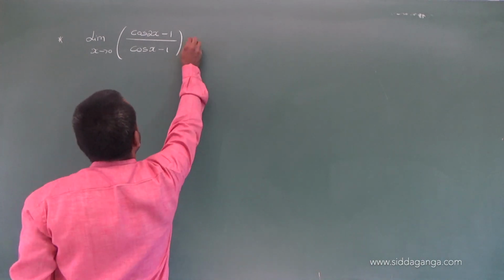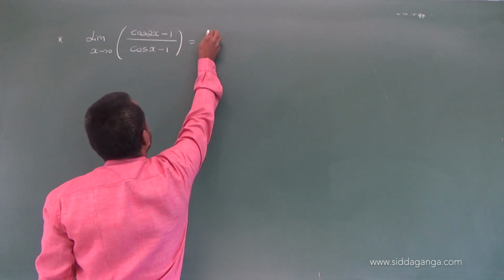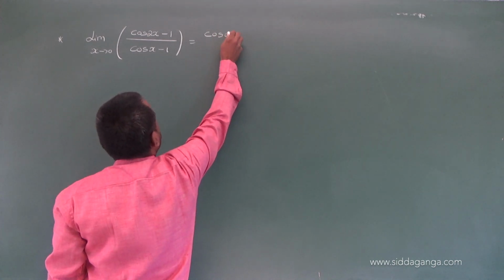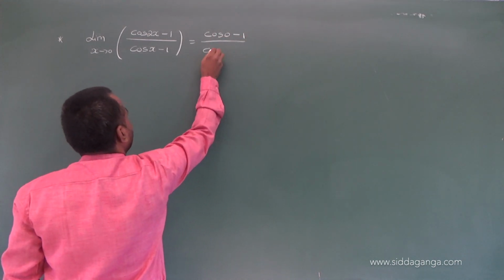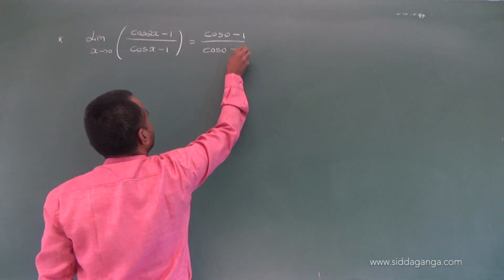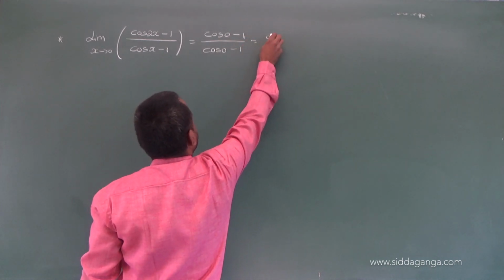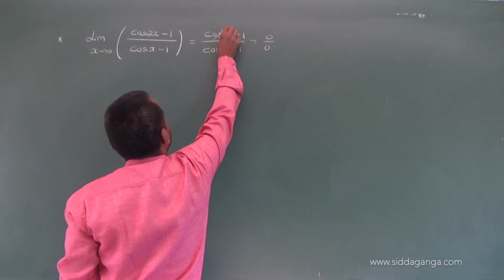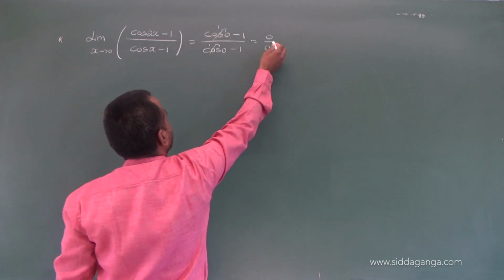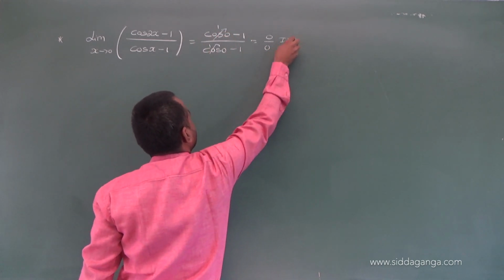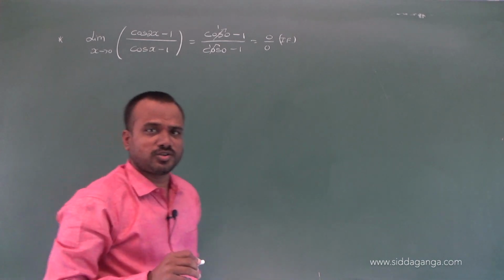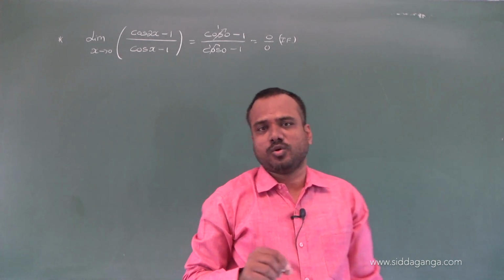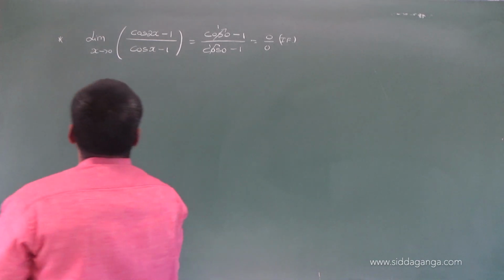Firstly we substitute x equals 0: cos 0 minus 1, cos 0 minus 1, 1 minus 1 is 0, because these values are 1. Indeterminate form. Correct? Okay. What we do?